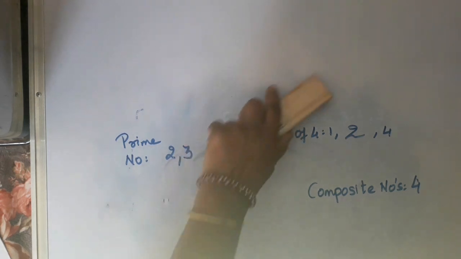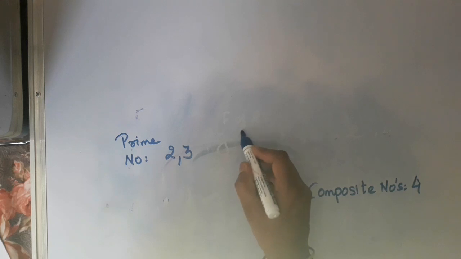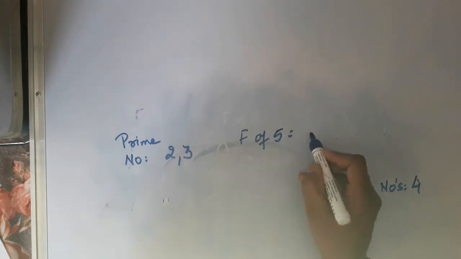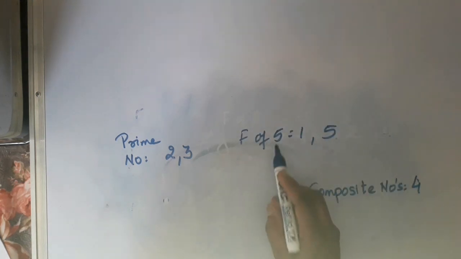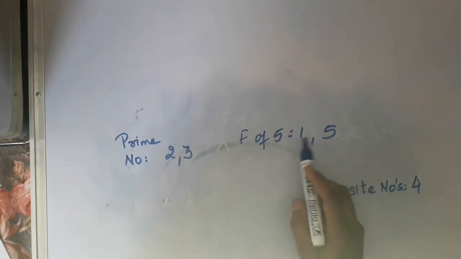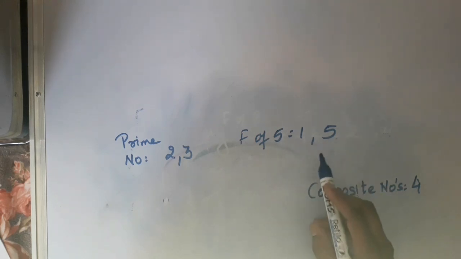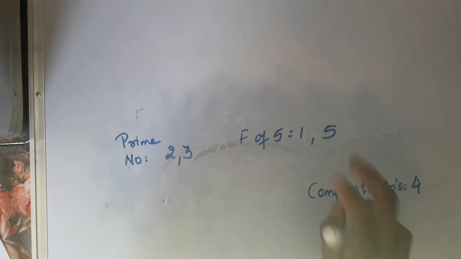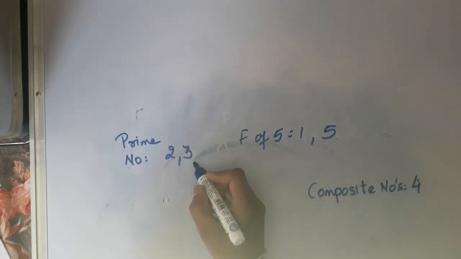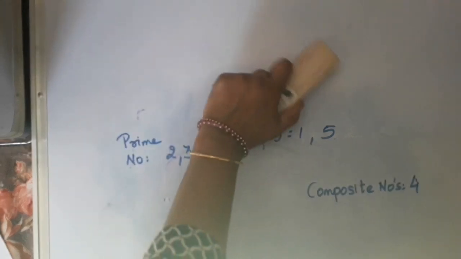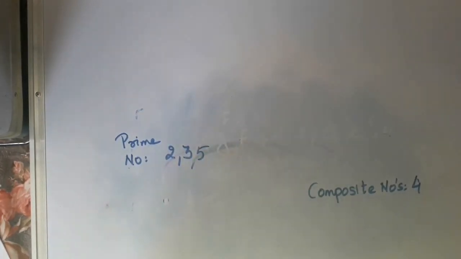Now let's go still further. Say you want to find the factors of 5. Then which are the factors of 5? 1 and 5. Does 5 come in any other table other than 5 and 1? No. So 1 and 5, it has only two factors. So we will say that 5 is also a prime number. Now there may be some step-by-step algorithm through which we can find prime numbers, right?